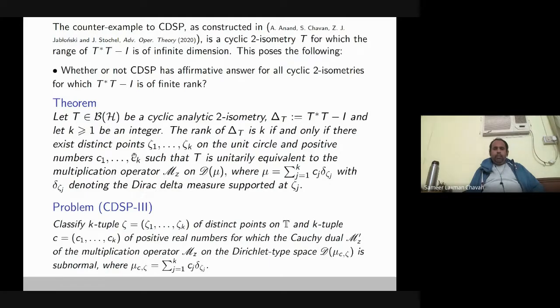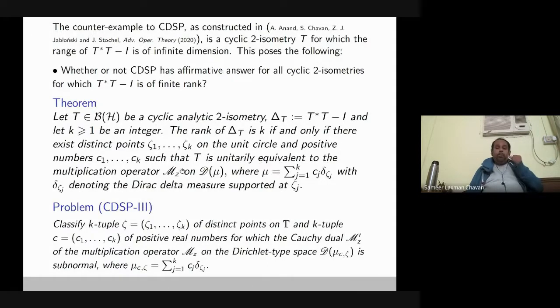Then you can find distinct points zeta 1, zeta 2, up to zeta k on the unit circle, and positive numbers c1, c2, up to ck, so that in the model space D mu, the measure mu must be a linear combination of Dirac delta measures. So it must be the summation over j from 1 to k of cj delta zeta j. And the converse is also true. If you start with such a measure, then the rank of T star T minus I is k.